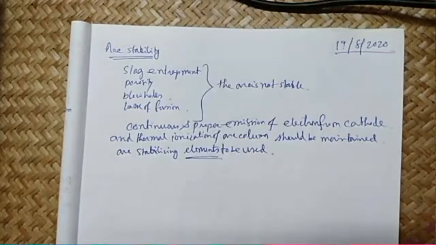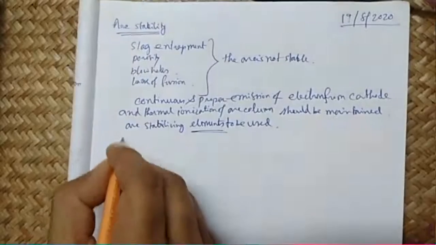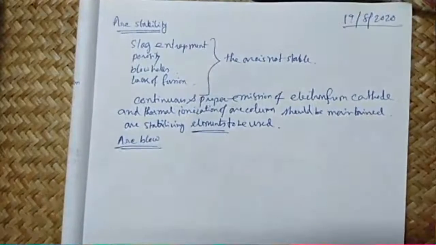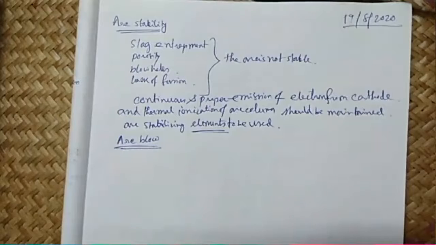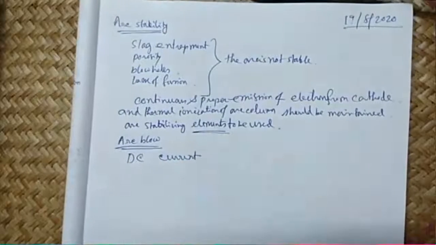Okay, now there is a very big problem when you do arc welding, and that is called arc blow. What is arc blow? When you are doing arc welding and you use DC current, a problem occurs. This happens when you use DC current.